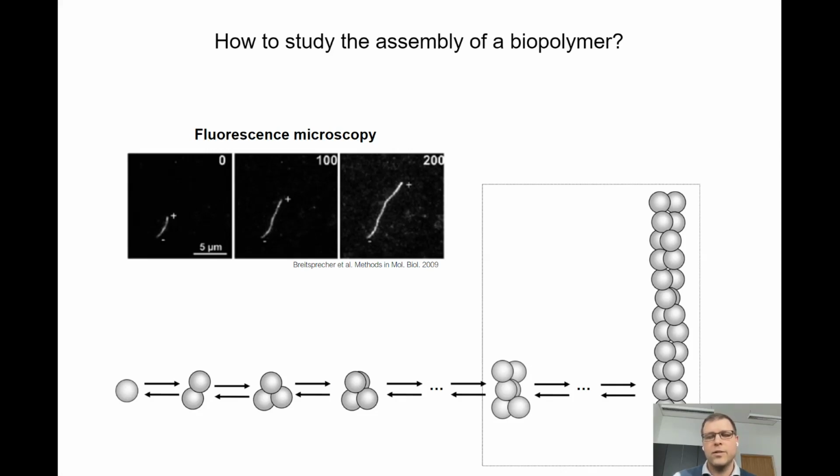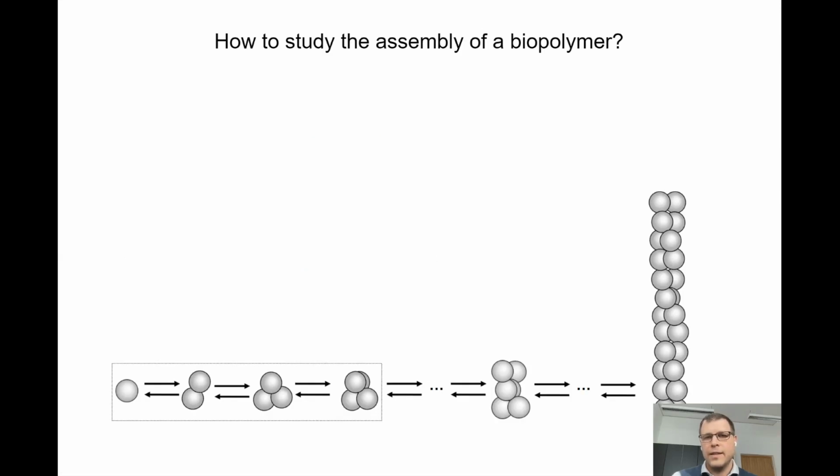But for the regulation, it's not only important to look at the overall polymerization process, but it's also important to understand how the polymerization process starts. And there, it becomes a lot more difficult to assess this initial part of the assembly, because we cannot employ these optical techniques so easily anymore.